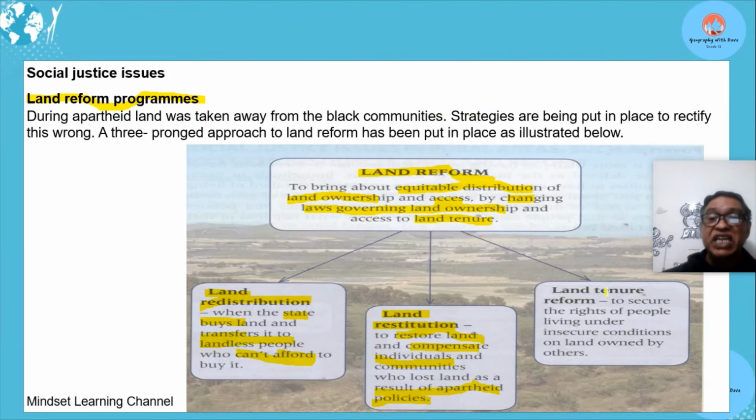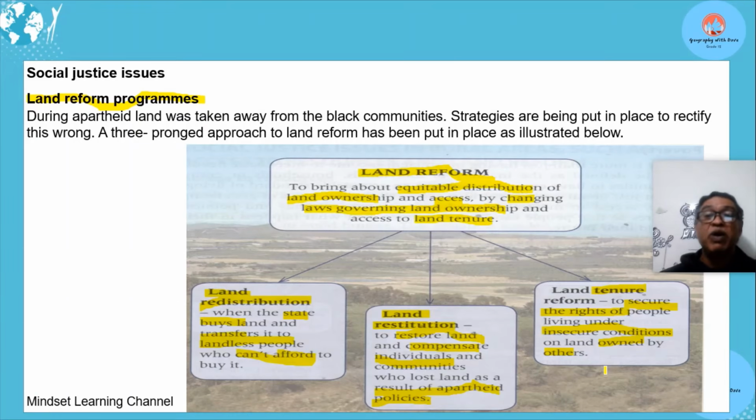Then land tenure, to secure the rights of people living under insecure conditions on land owned by others. So somebody has been living and working on a farm, and they are now worried the farmer can just throw them out.